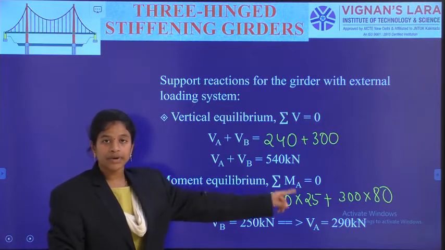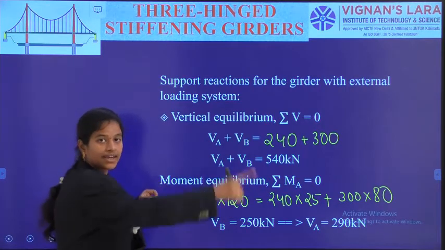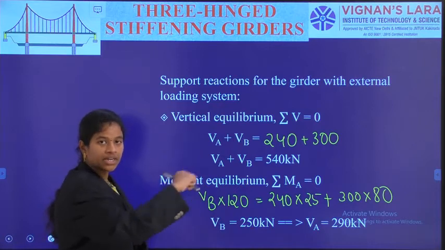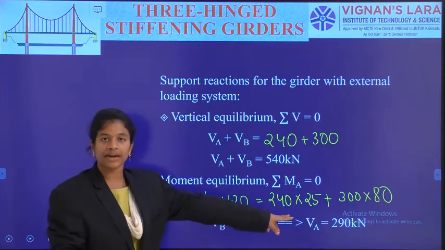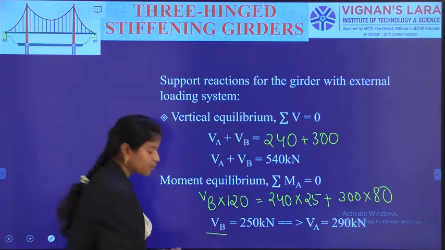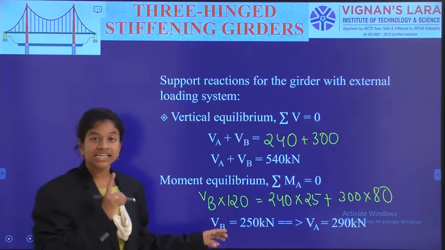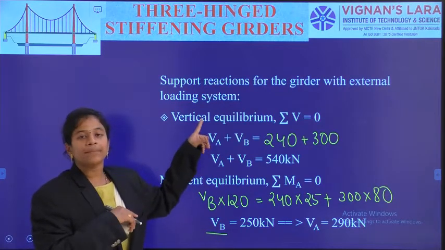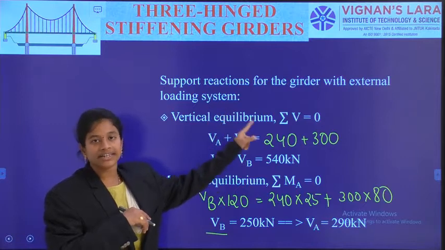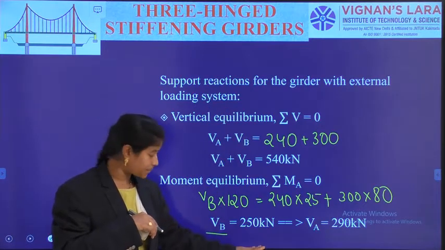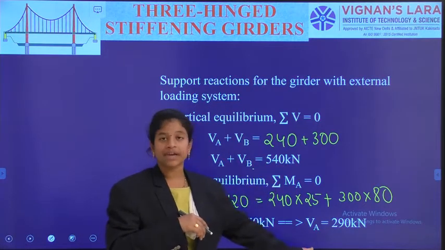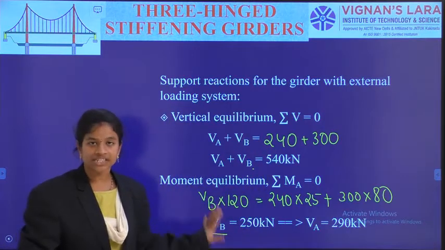So the anti-clockwise moment VB into 120 is equal to the two forces times their perpendicular distances. In this way we have got the vertical component of reaction at support B due to the external loads on the girder. Then from the total reaction I am calculating VA. So the VA and VB calculation is over.